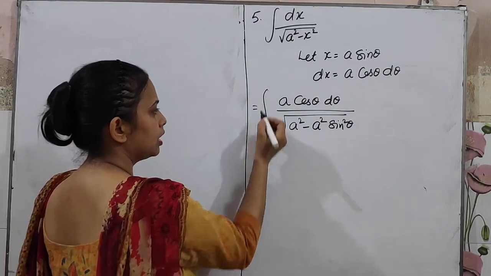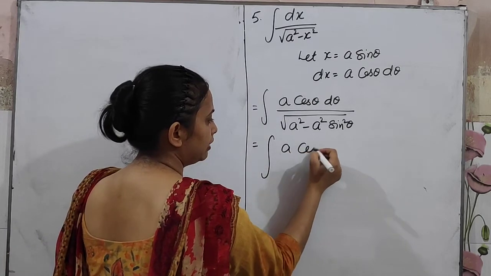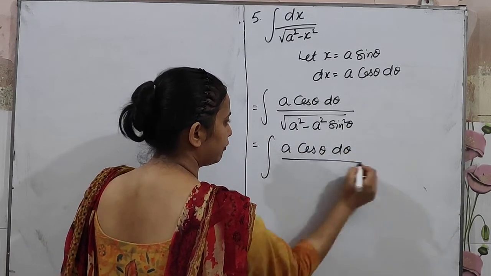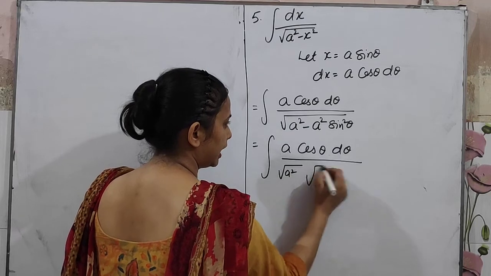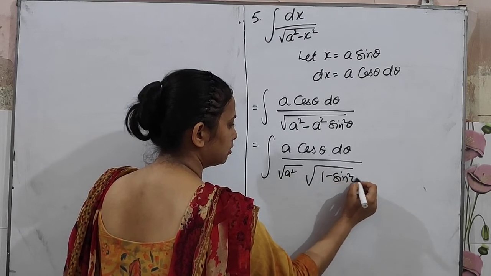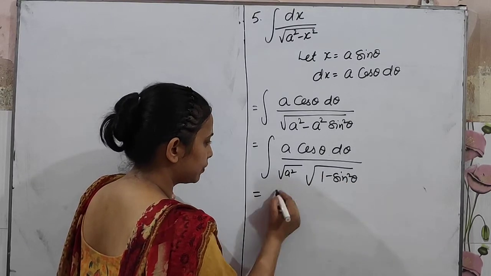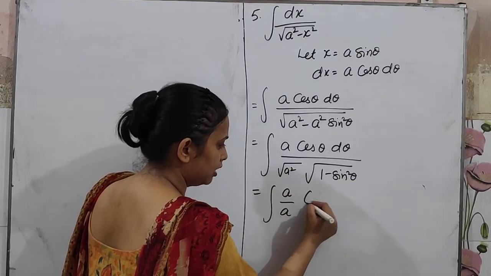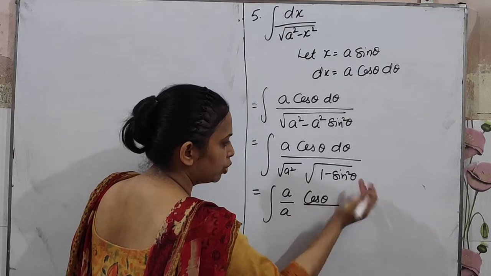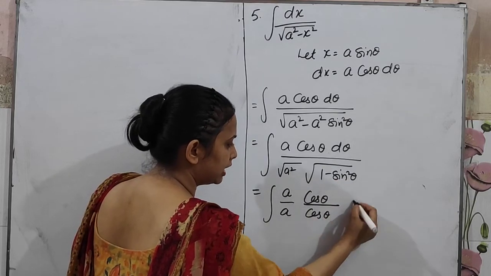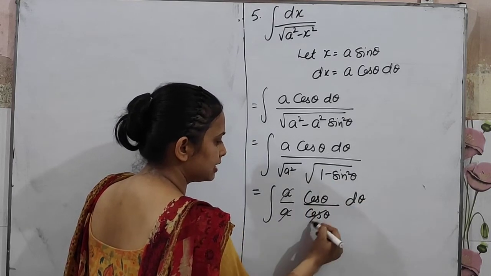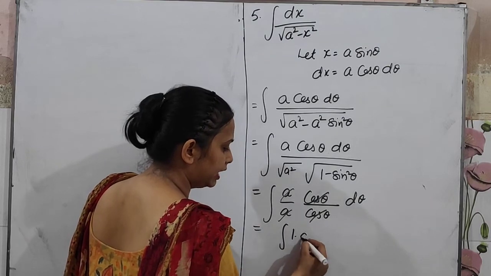Now what is common in the denominator? Under root of a square is common. We are left with 1 minus sine square theta, which is cos square theta. It is a upon a, cos theta upon root cos square theta, which is only cos theta. D theta cancels out, so what is left is 1 d theta.